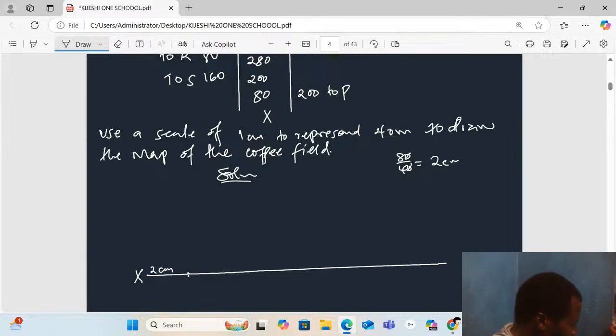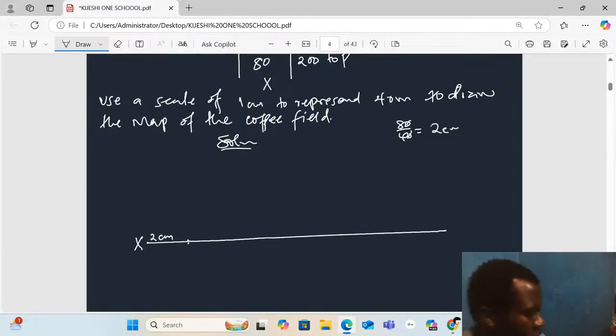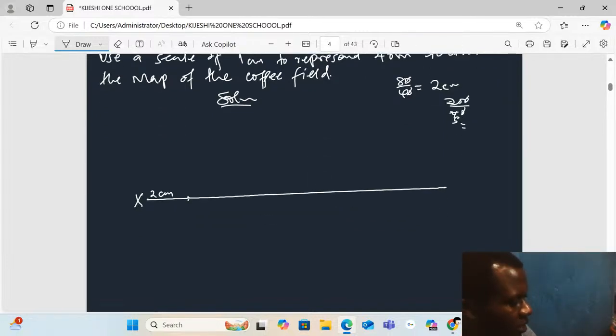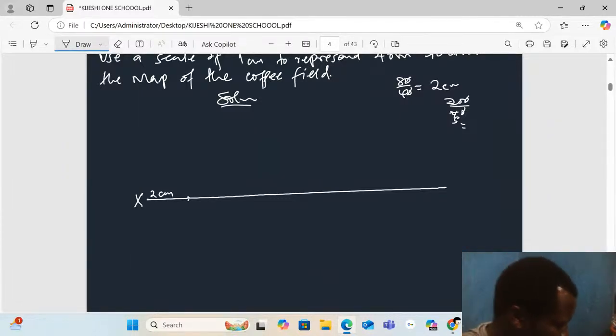Then you move to the right. And to the right, you are moving 200 meters, of which you convert by dividing 200 by 40 to get 5. So you're going to move 5 centimeters to point P, which is to the right. In this diagram, that is to the south or downwards.